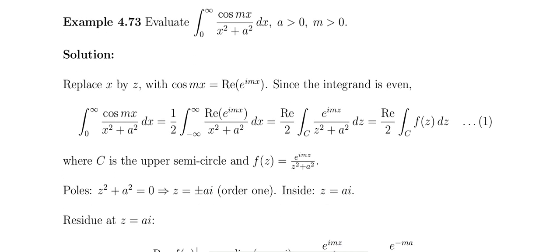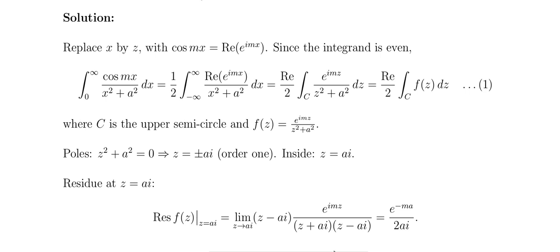And this is an example for that: cos mx is the real part of e power imx. Then the real part of 1 by 2, since the limits are given from 0 to infinity, becomes 1 by 2 integral from minus infinity to infinity, with cos mx replaced by the real part of e power imx. So real part of 1 by 2 integral over C of e power imz divided by z square plus a square, when you replace x by z, and f of z equal to something.